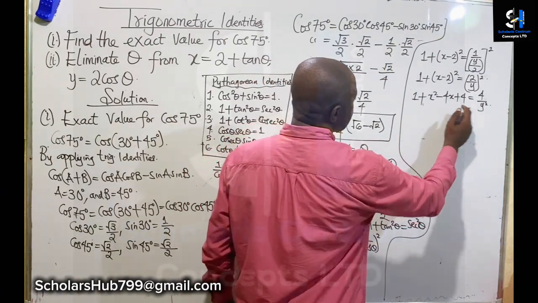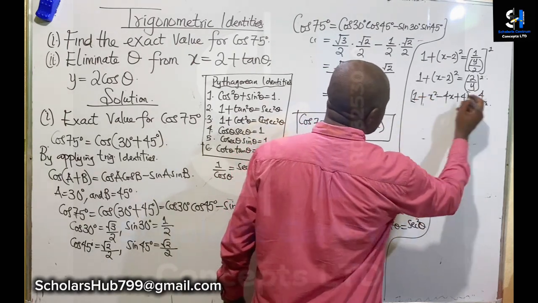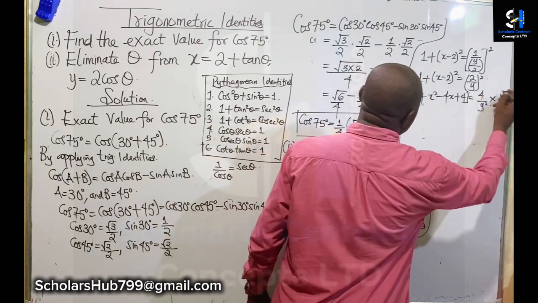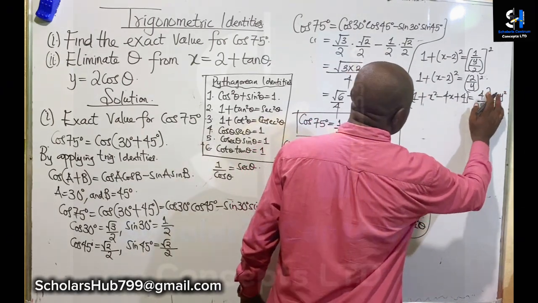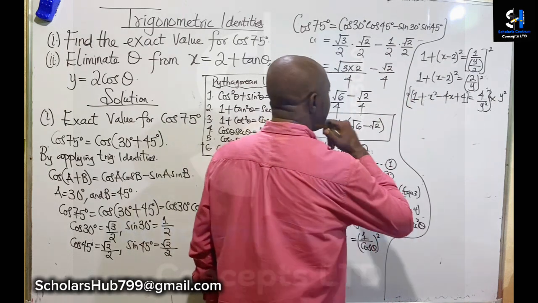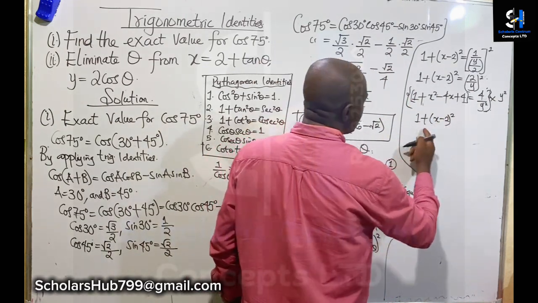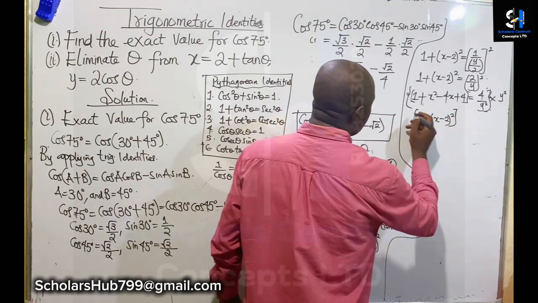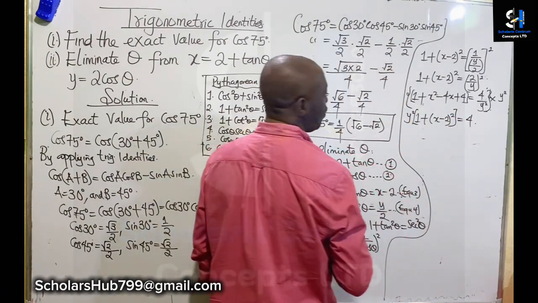So now I'm going to multiply everything by y squared. Multiply all by y squared. So this will be 1 plus (x minus 2) raised to the power of 2, multiplied by y squared, equals 4.